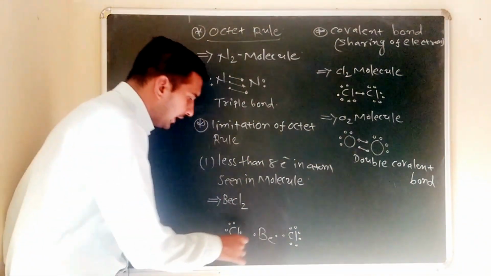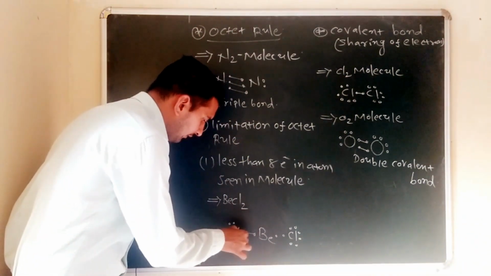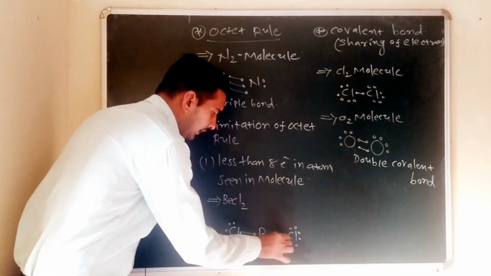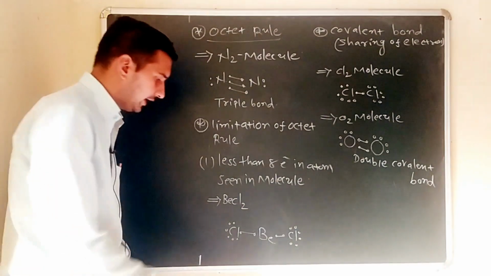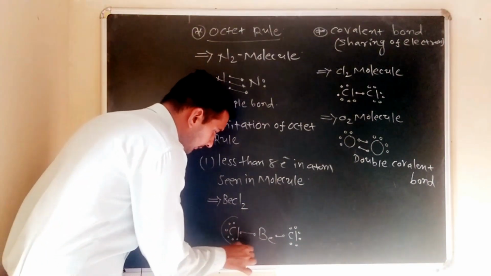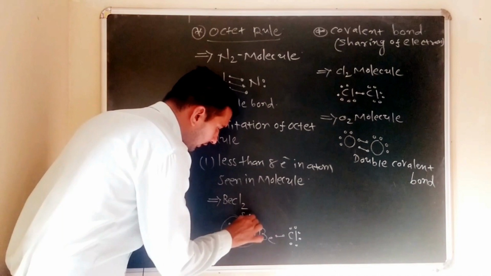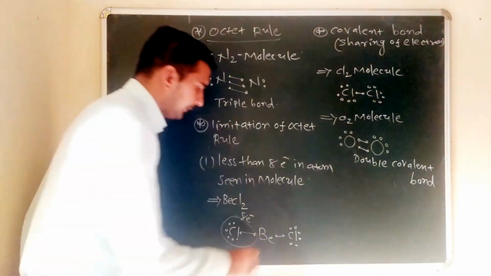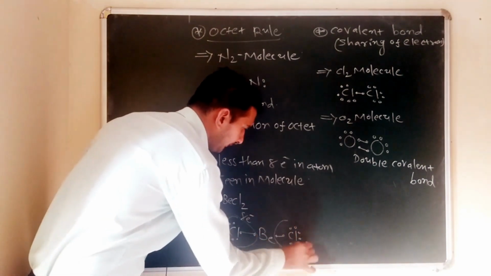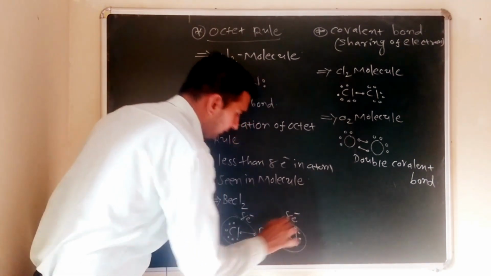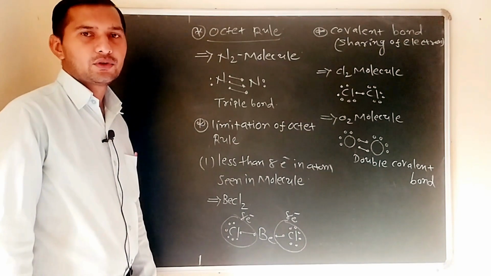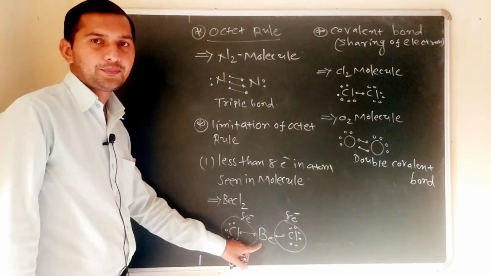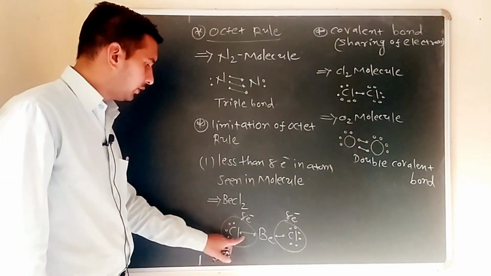So here the beryllium atom shares 1 electron with 1 chlorine atom and another electron with the other chlorine atom. So this chlorine atom has 8 electrons in its outermost shell, so it acquires stability. Similarly, this chlorine atom also acquires 8 valence electrons in its outermost shell, so it also acquires stability. But the central atom beryllium only has 1, 2, 3 and 4.